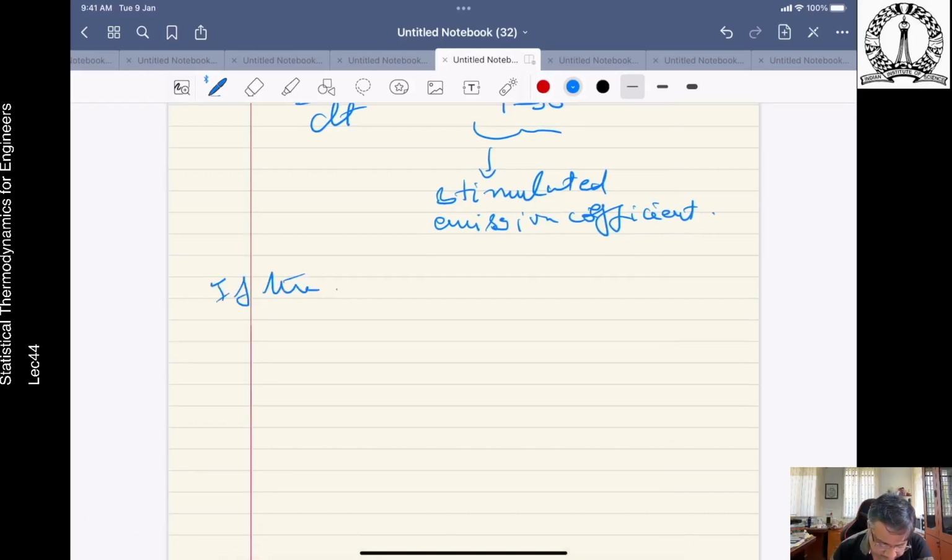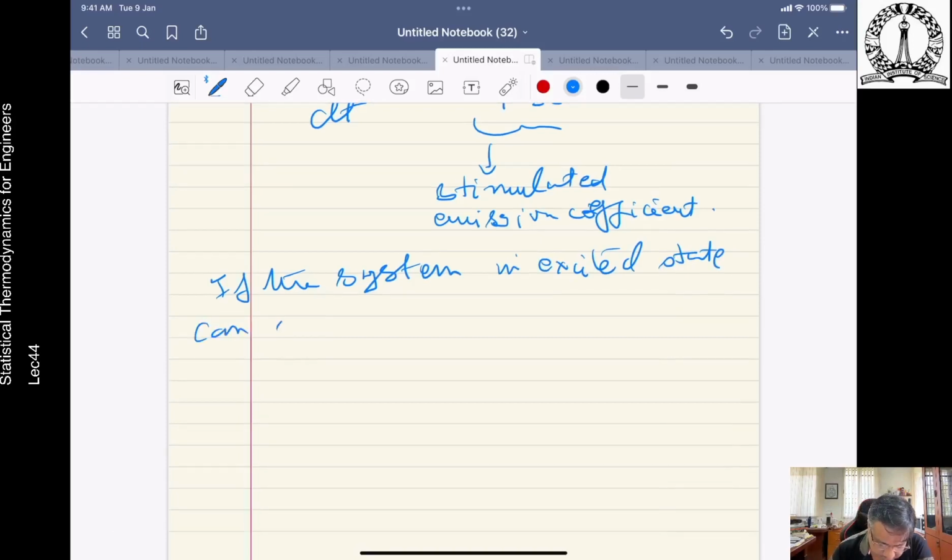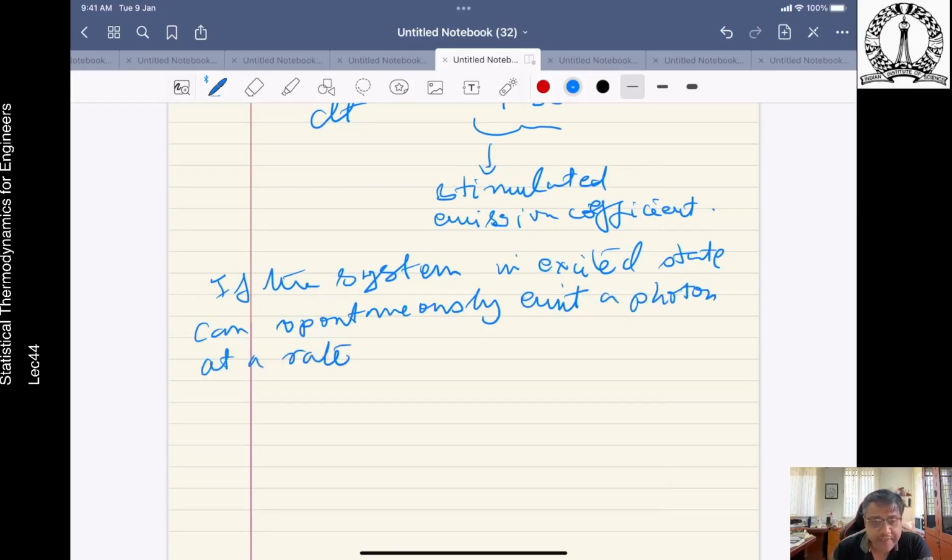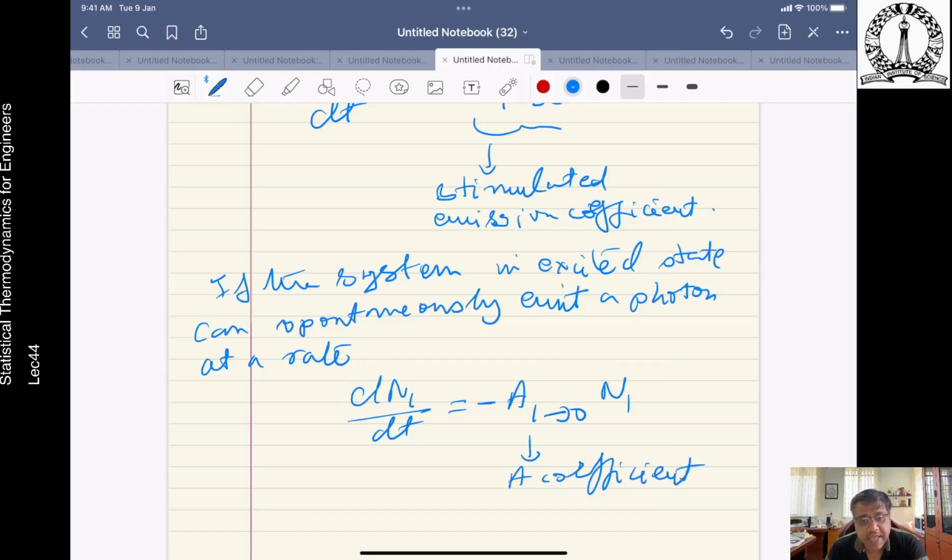If the system, without any interaction with radiation, in the excited state, can spontaneously emit a photon at a rate dN1 by dt equal to minus A 1 to 0 into N1, where this is basically the A coefficient. That's why the name Einstein A coefficient.